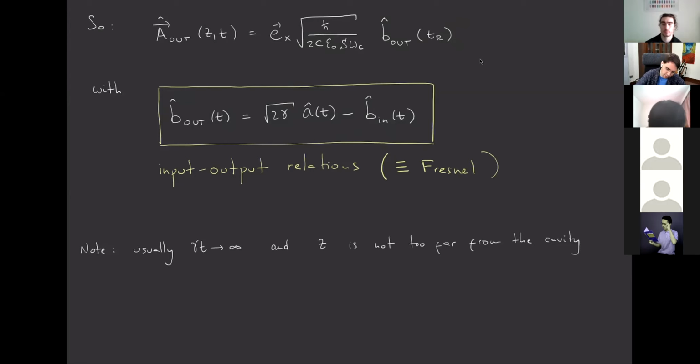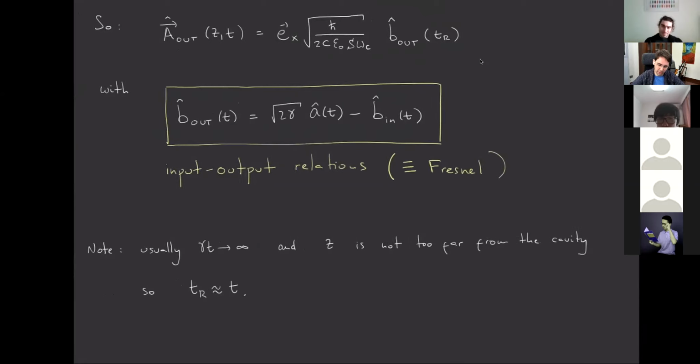So in total, this means that essentially you can approximate the retarded time by t. Just imagine that in the laboratory we have the detector close to the cavity, and that's fine. These retardation effects might be important for many applications, but definitely not for typical experiments. So it's just something that you need to keep in mind, but that we are not going to discuss anymore because we will not require it. Okay?